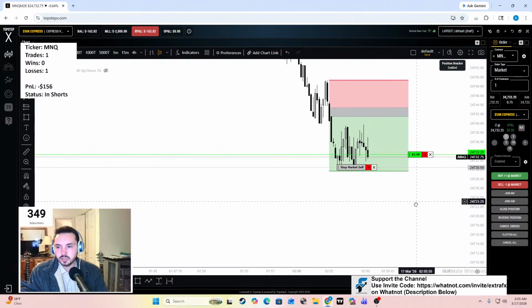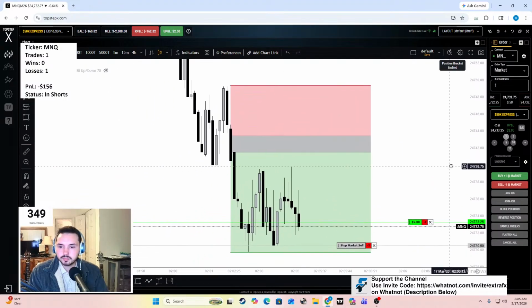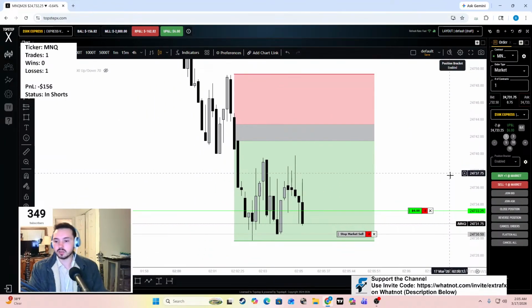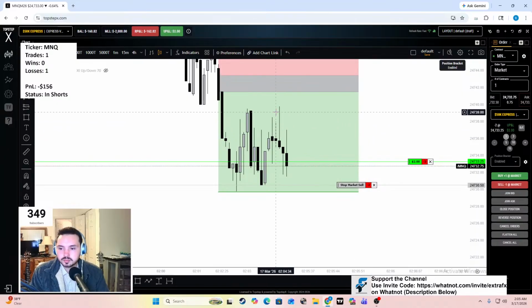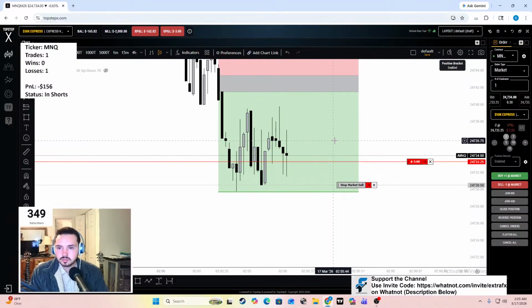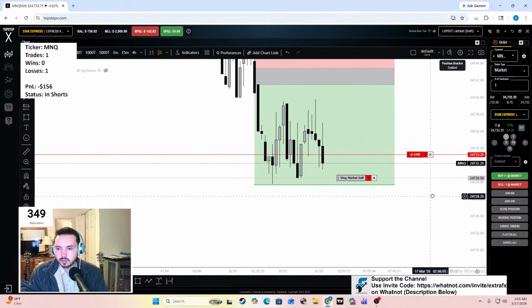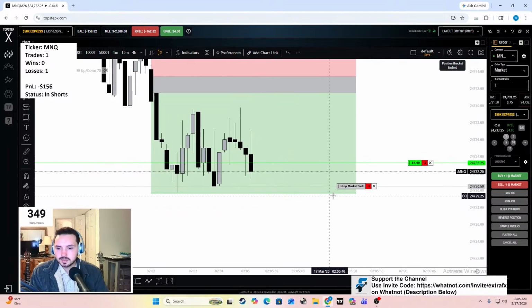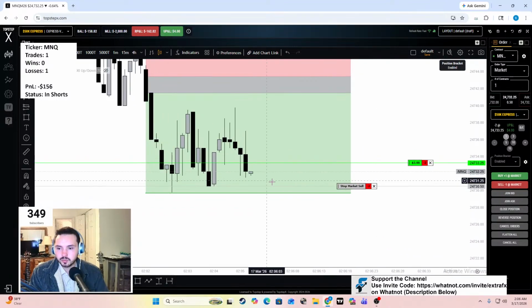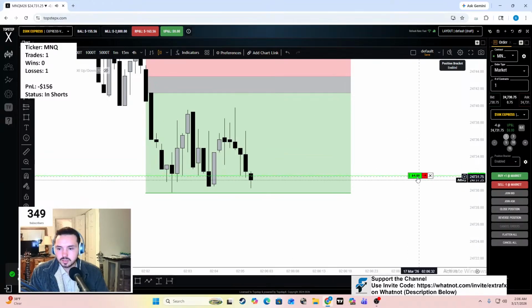This market's moving very quickly, which is nice. I am forcing a trade, so if this one doesn't end up working out, then I might exit. I don't want to see this tap me in immediately. I would prefer to see this retest back upwards. That's not what I wanted to see, but that's okay.